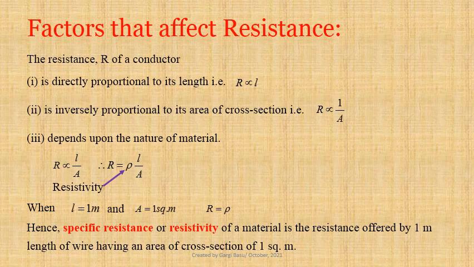Reciprocal of resistance is termed as conductance. G equals 1 upon R, that is equal to 1 upon rho into A by L. This may be written as sigma into A by L, where reciprocal of resistivity sigma is termed as conductivity.